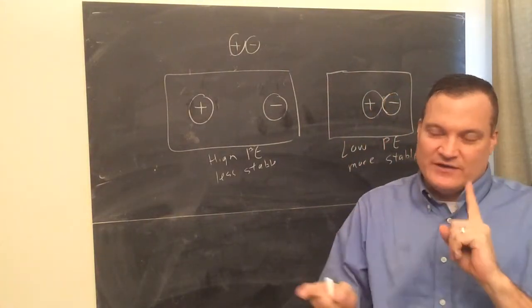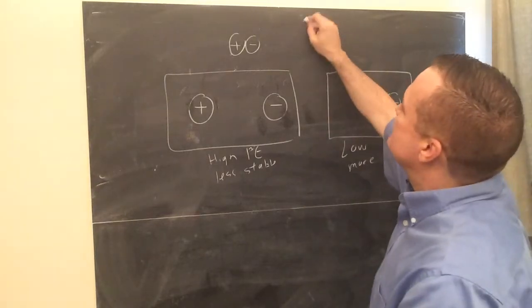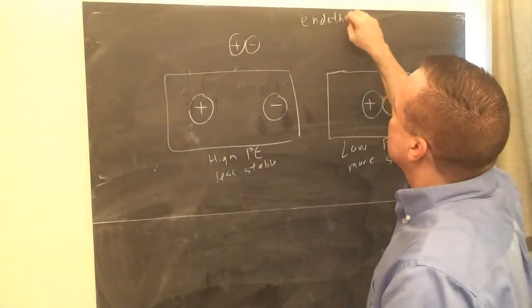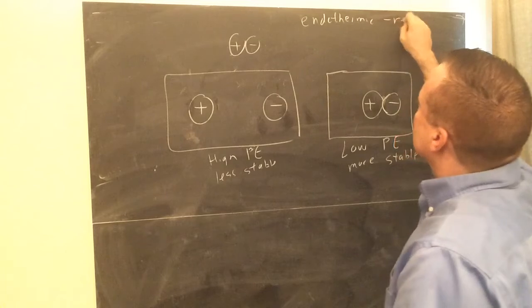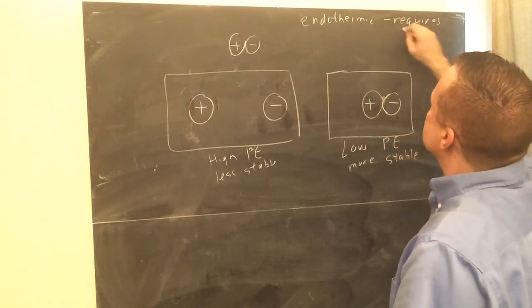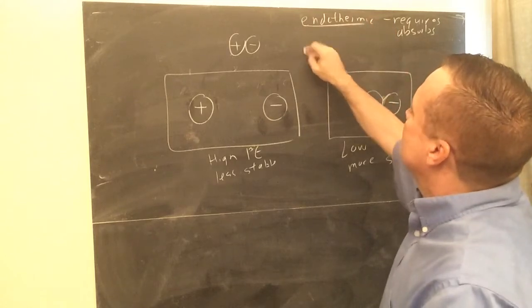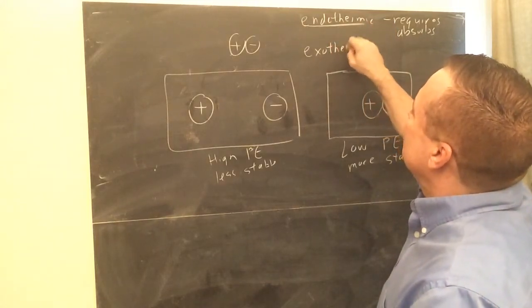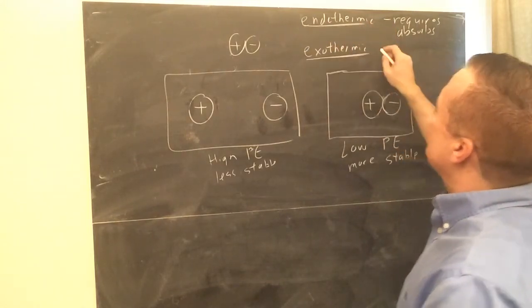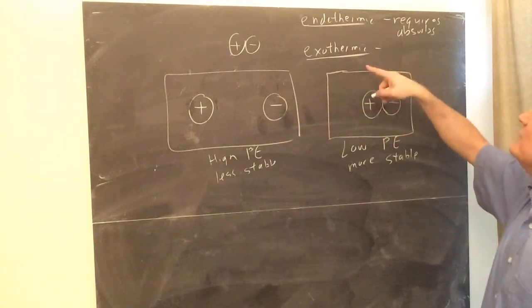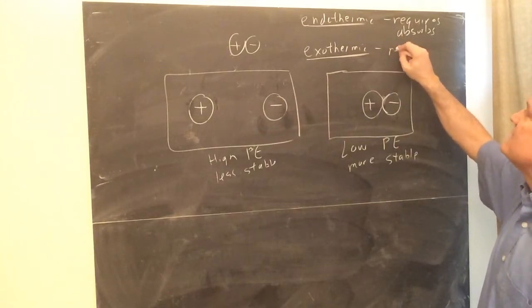It has to be one or the other. If it requires energy, it's called endothermic. It requires or absorbs energy. Now, you already know that from AP, but if you're in general chem, you perhaps didn't know that, or honors should have known that too. Exothermic means it releases energy.